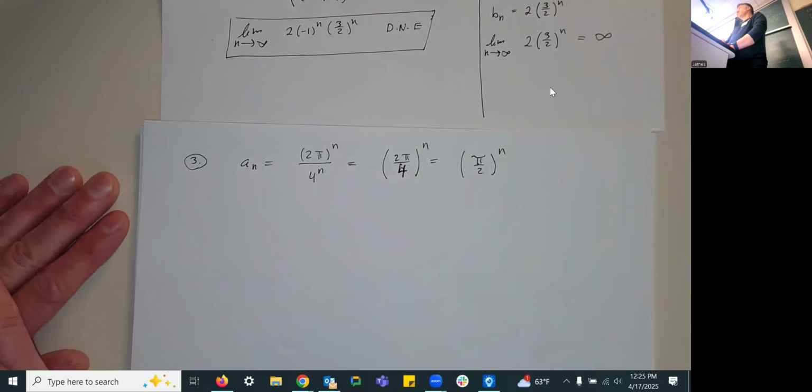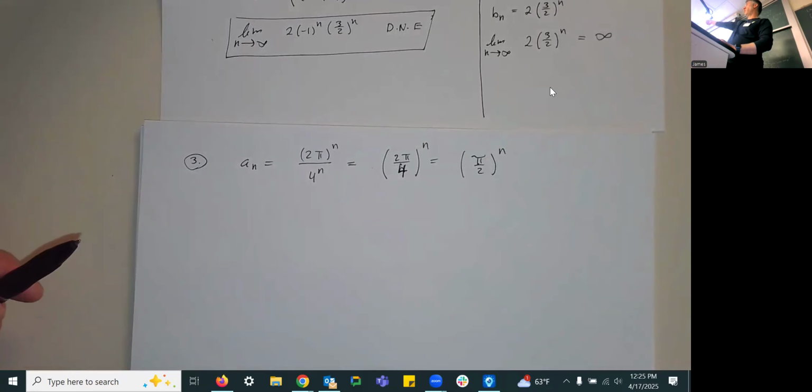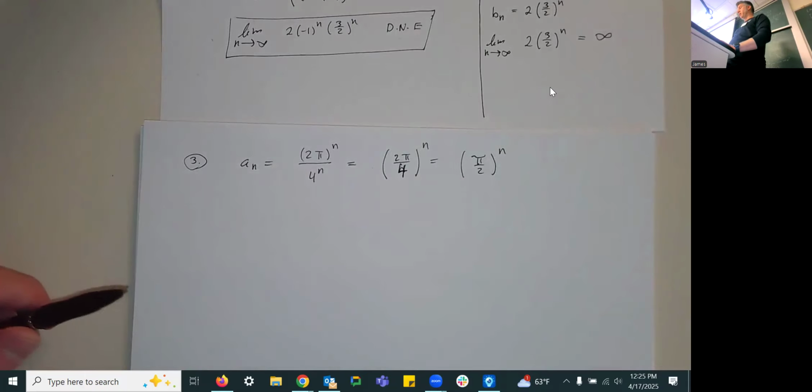So question, is our ratio larger than 1 or smaller than 1? Is that number inside the parentheses bigger than 1 or less than 1? Yeah, definitely bigger. I want some thumbs. Pi over 2, definitely bigger than 1, right? Pi is bigger than 3, so pi divided by 2 is certainly bigger than 1.